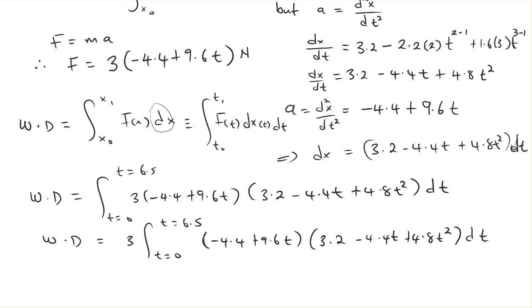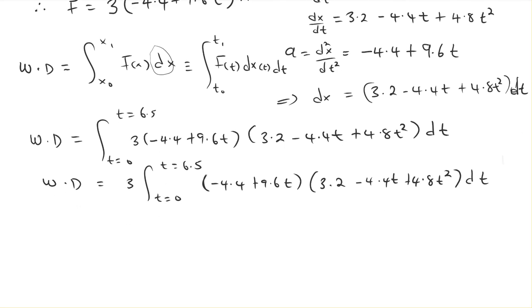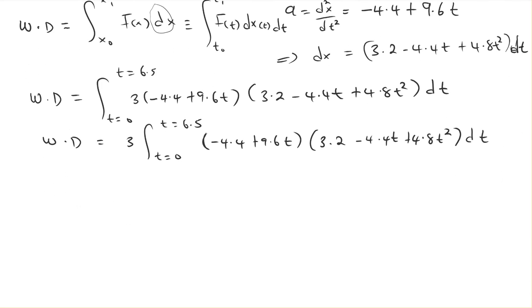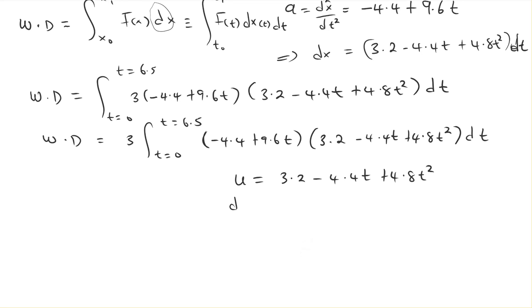So if I substitute u for 3.2 minus 4.4t plus 4.8t squared, I can transform this integral to a simpler integral where the variable is u. And this is obvious with this next step I will take.